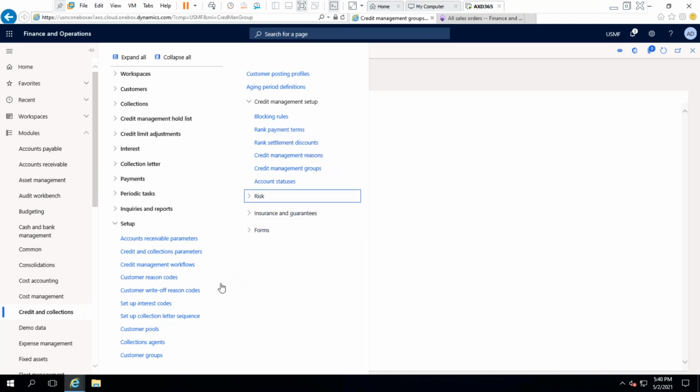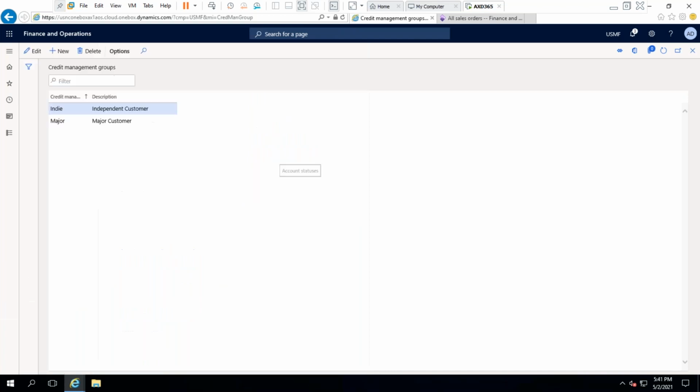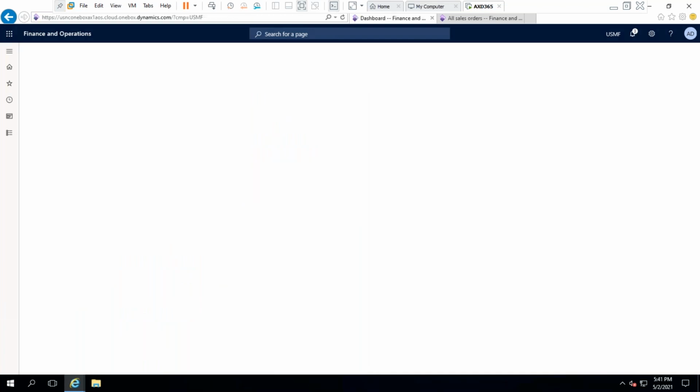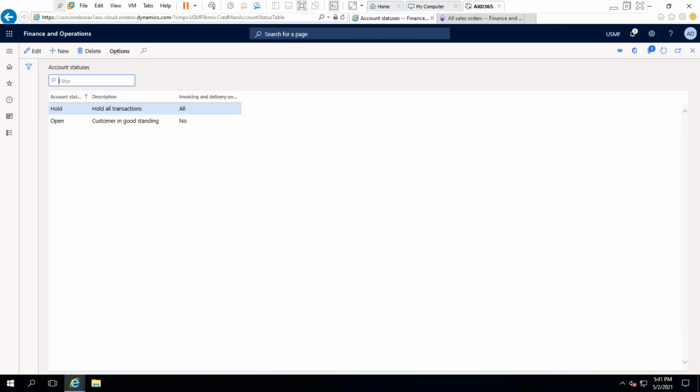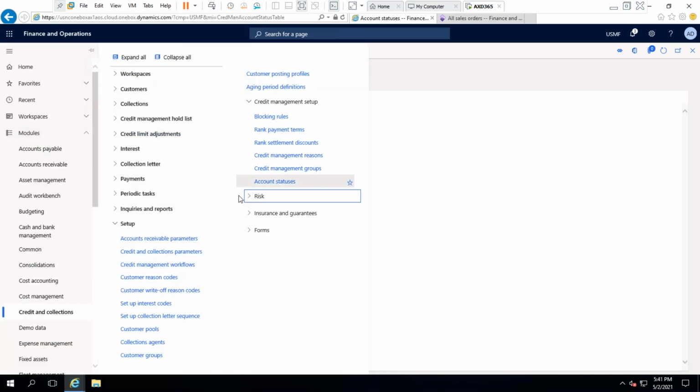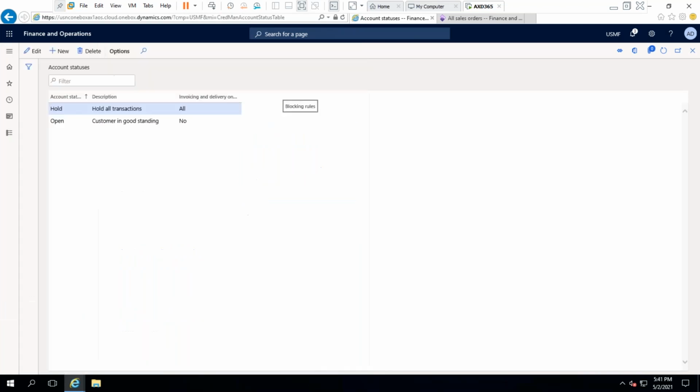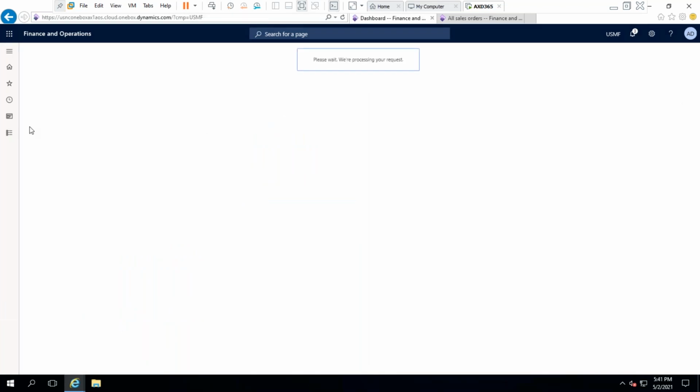That is this credit management group credit limit. Not this one. This is a new feature introduced recently.